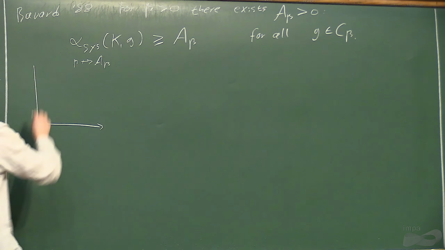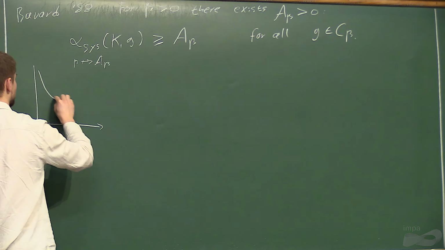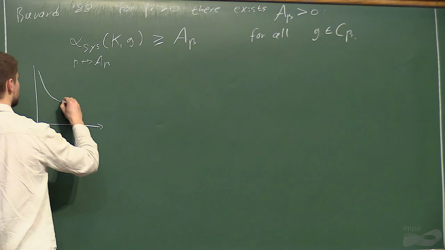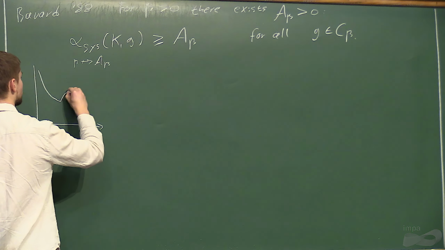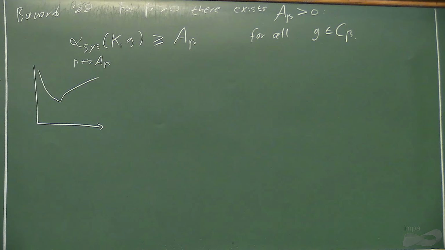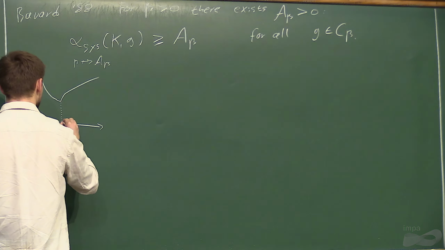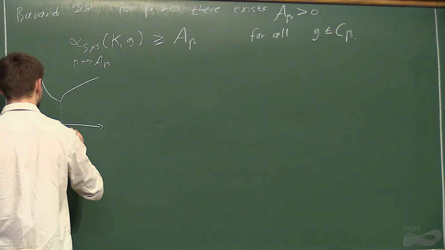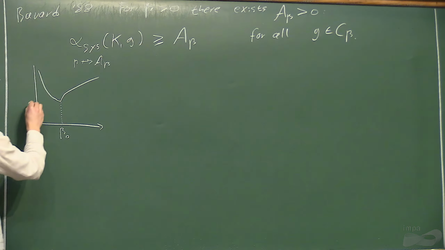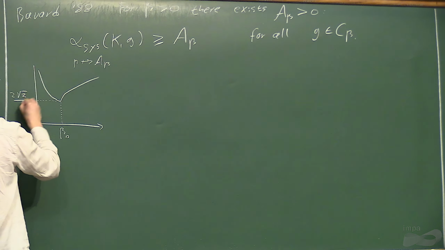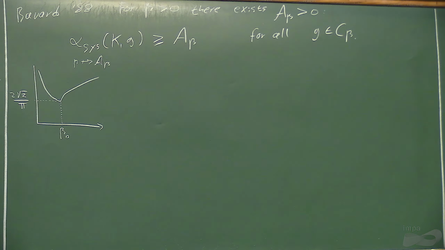So for small beta, it looks like it's proportional to 1 over beta. Then it has some more complex behavior, and then after some value it grows linearly. And this unique minimizer is what we call beta 0, and of course the minimal value is 2 square root 2 over pi, which we saw already.